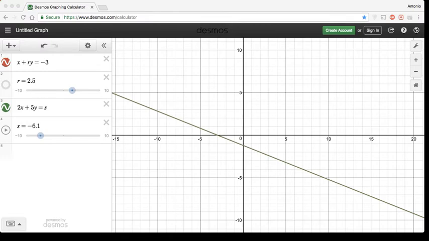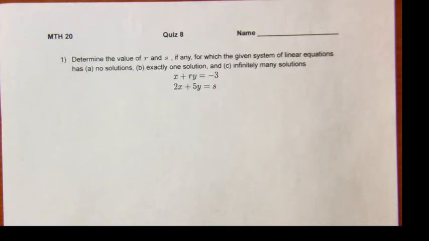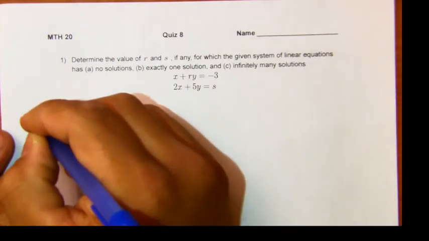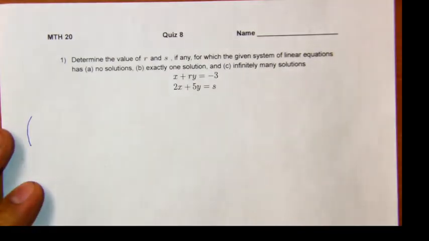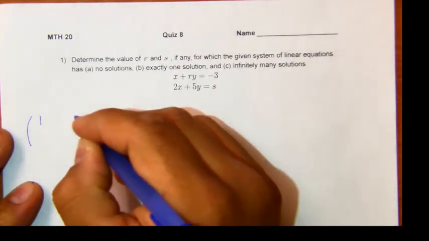Okay, let me switch over here to the quiz. As I gave as a hint, look at the augmented matrix, which looks something like this.